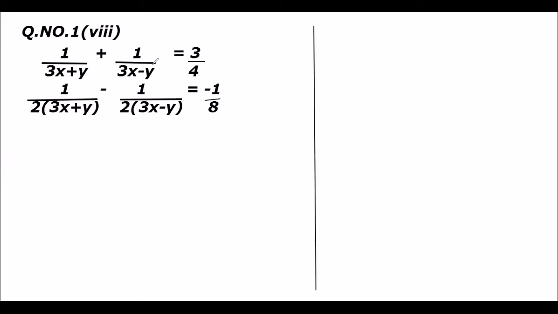Similarly, the denominator of the second term in both the equations are again having something common. So let's assume this common term as a. So 1 upon 3x plus y is equal to a, and 1 upon 3x minus y is equal to b.